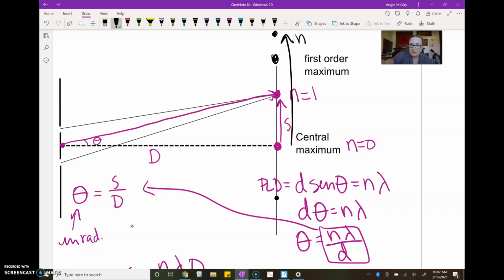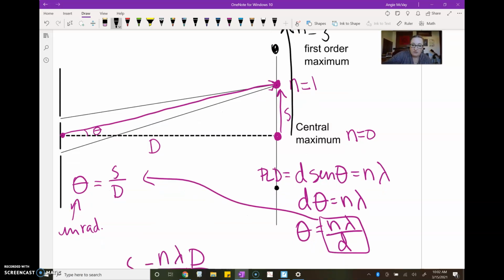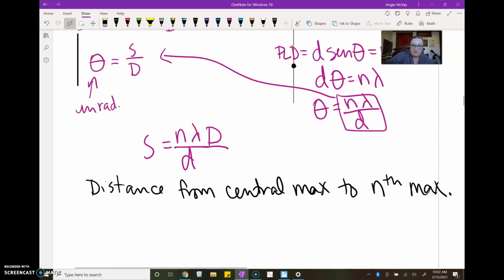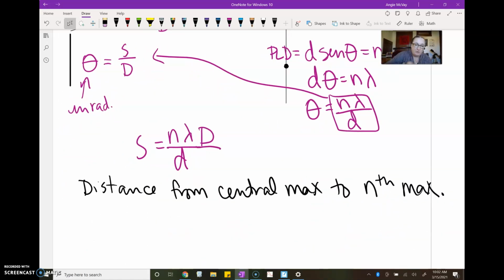This would be n equals 3, right? So the only difference between this equation and the previous one is this is distance to any of the maxima, where n tells you which maximum. Okay, and so this s is typically capitalized, and you use as a subscript the maximum that you're calculating to.